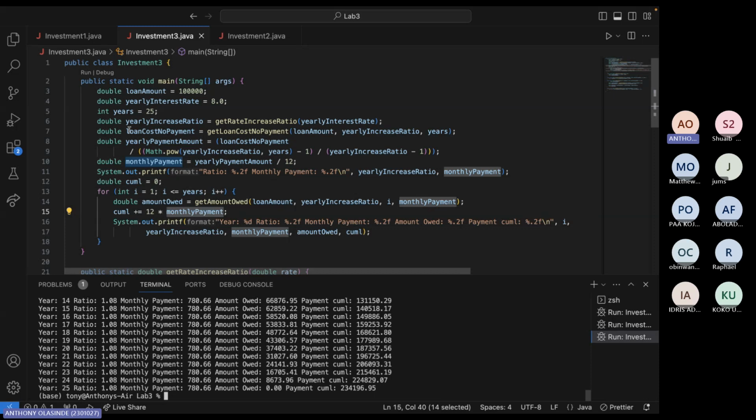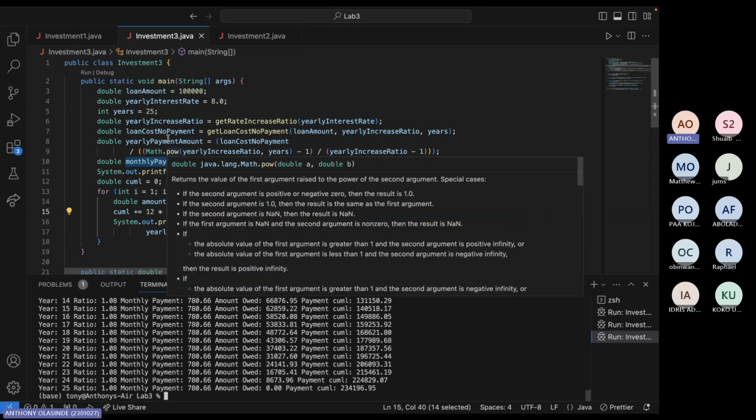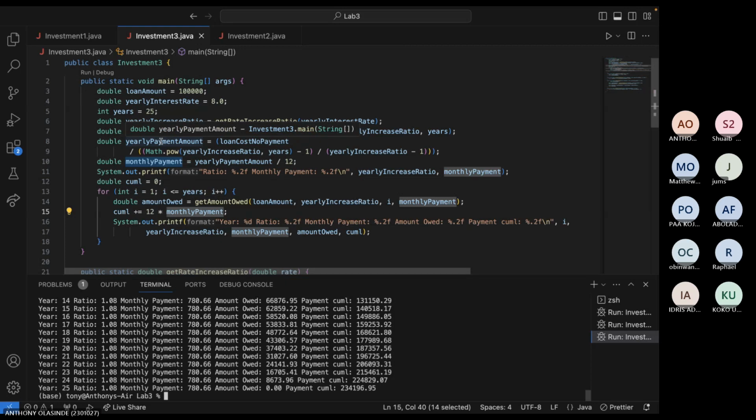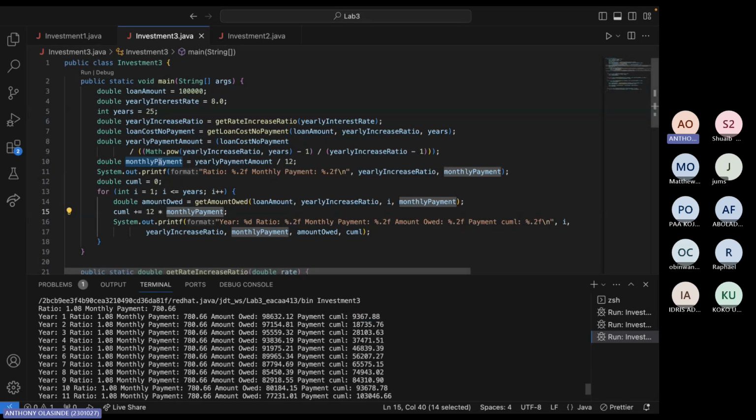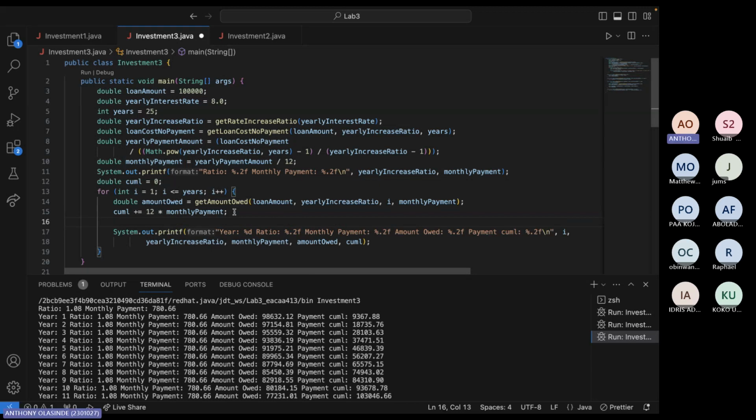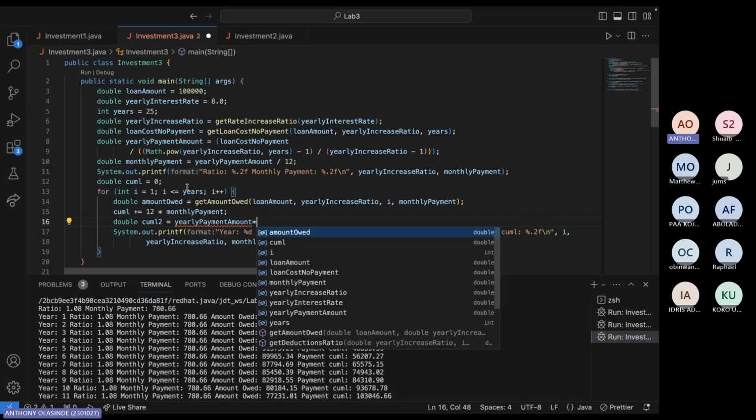Another way you could do it is find a way around this yearly payment amount. I think this should be the same thing as this first year. So you can just do times 2, times 3. So let me see. Double cum2 equals yearly payment amount times, I'll just do times i.